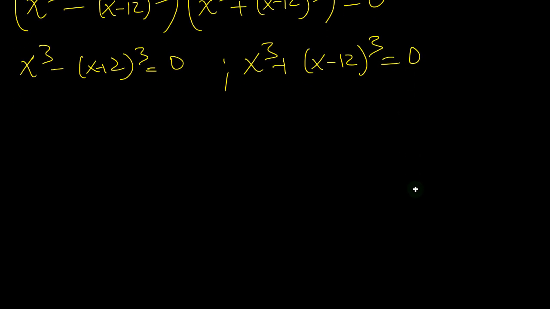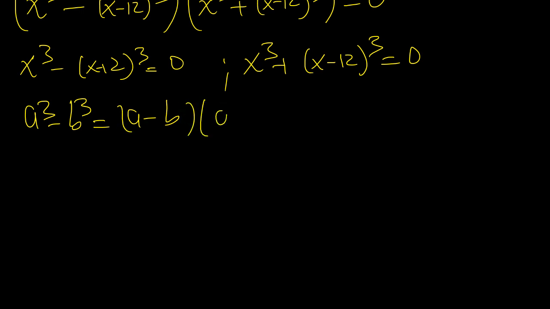Now for this one here, we're going to apply the identity a to the 3 minus b to the 3, which is (a minus b) multiplied by (a squared plus ab plus b squared).